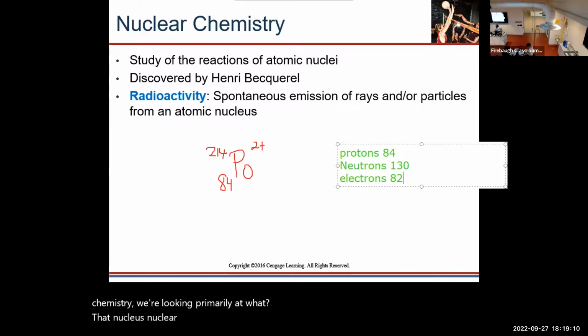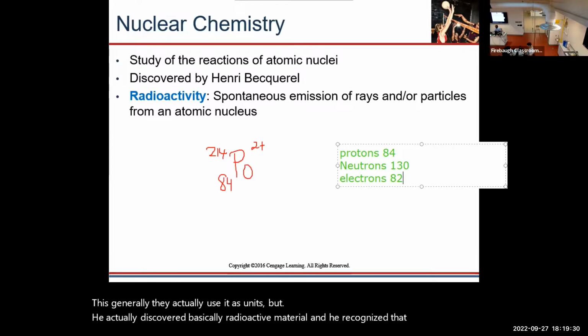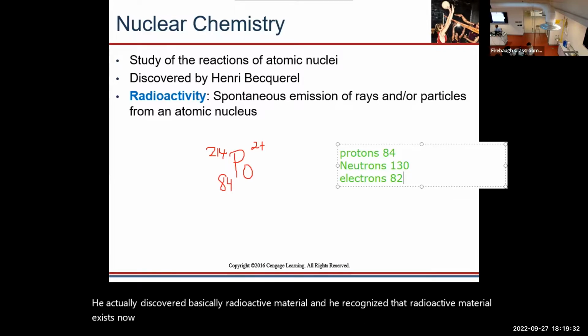Okay, so it was discovered by Henry Becquerel, who recognized radioactivity. Now, radioactivity is just a spontaneous emission of rays or particles from the atom.